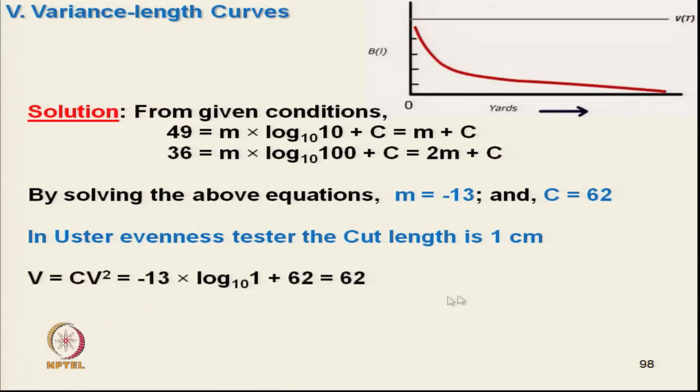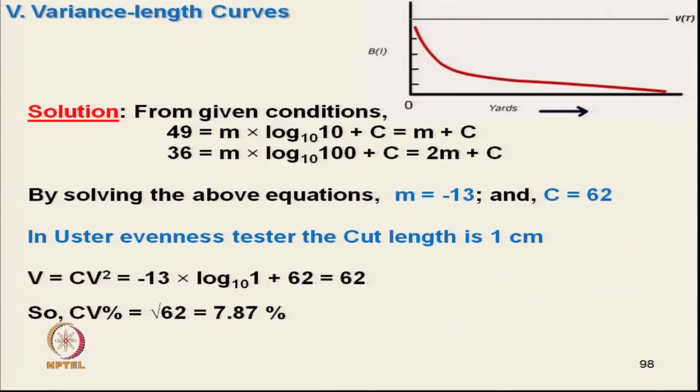So, V, the CV percent squared, equals m log 1 plus C. Log 1 is 0, so it becomes 62. So, CV squared is 62. We can calculate the CV percent as the square root of 62, which is 7.687% with the cut length of 1 centimeter.